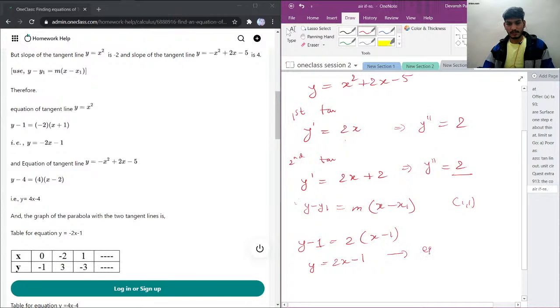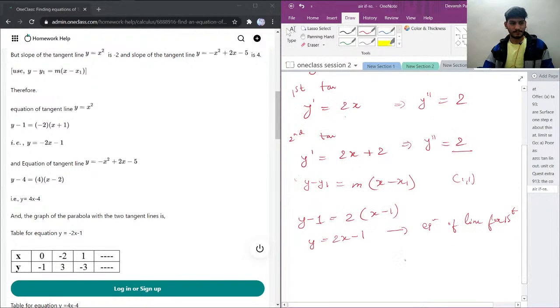This is the equation of line for first one.